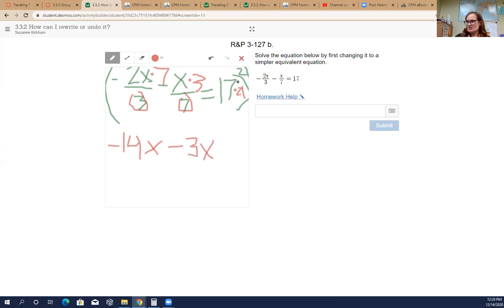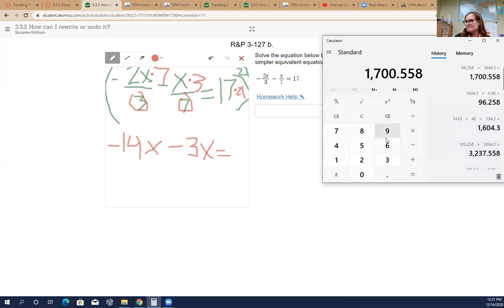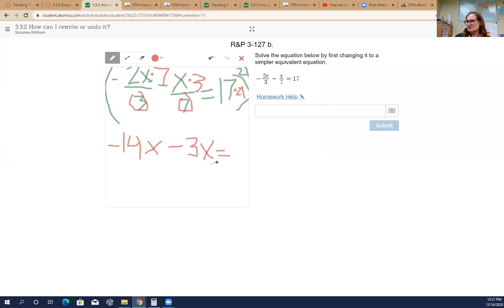And then 17 times 21, we'll have to pull up the calculator and go 17 times 21 equals 357. Okay, so now we just need to combine like terms.